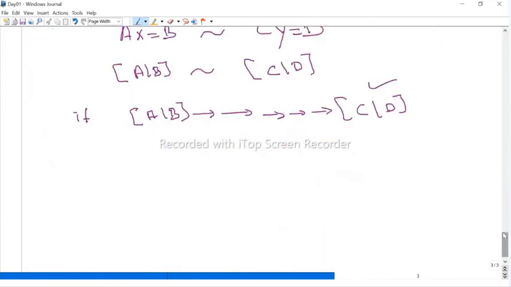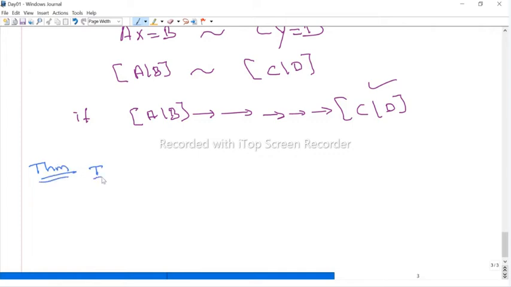Now once we have stated the definition, if two systems are row equivalent, then both systems have the same solution. Maybe we state it as a theorem. What is the theorem?